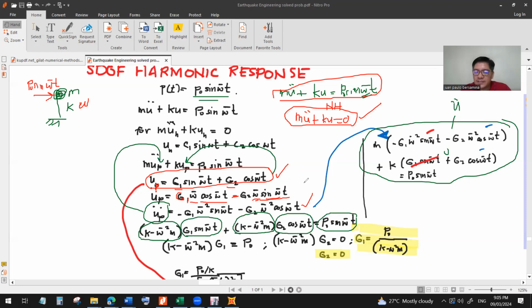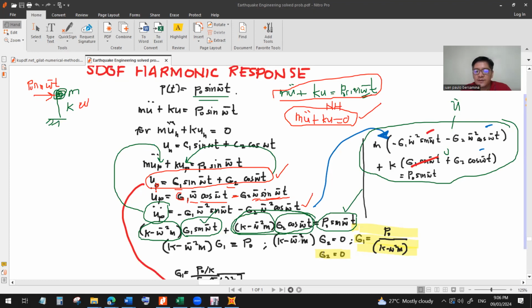Now, if you have this kind of equation wherein the right side has sine omega bar t, and you also have sine omega bar t on the left side, the sine and cosine will not occur together. So, therefore, because sine omega bar t occurs here, and you also have sine omega bar t here, this term here is equal to 0. Okay?